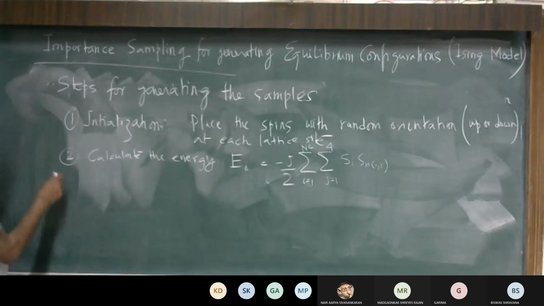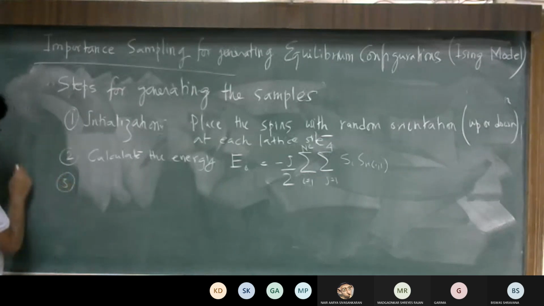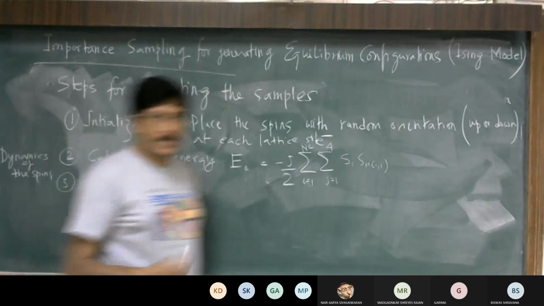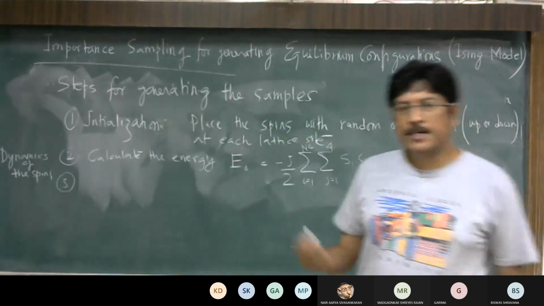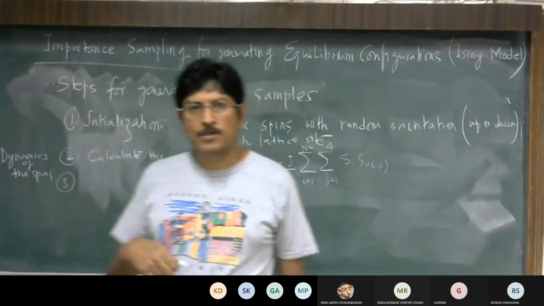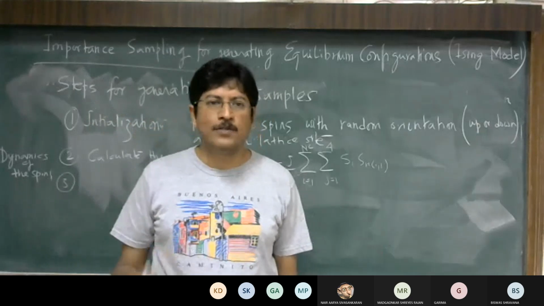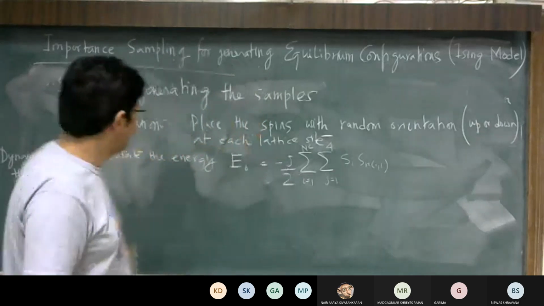So this is step 1, step 2, and then step 3 is where the dynamics of the spins starts. When I say dynamics of the spins, remember that each of these spins can actually flip from up state to down state, and how it would happen would be determined by this Boltzmann rate.